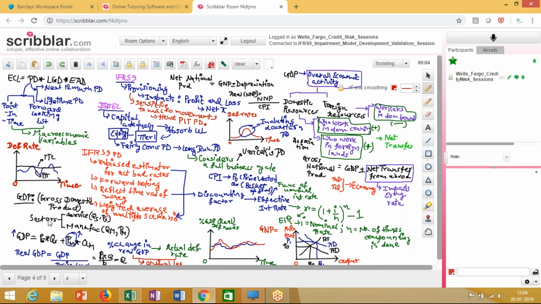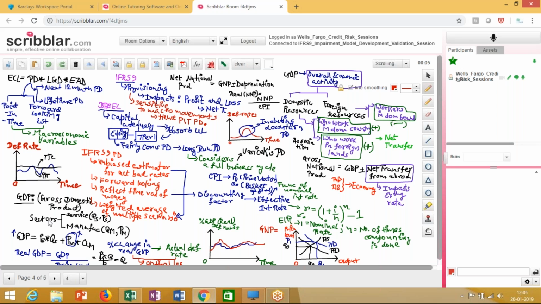Now, from there, we went to talk about the real GDP, that is adjusting the GDP to the price levels, because an increase in the price level, given the level of output, can also result in an increased GDP. But if you are adjusting it for the price level, then the only increase recorded is because of the increase in the productive capacity of the economy.